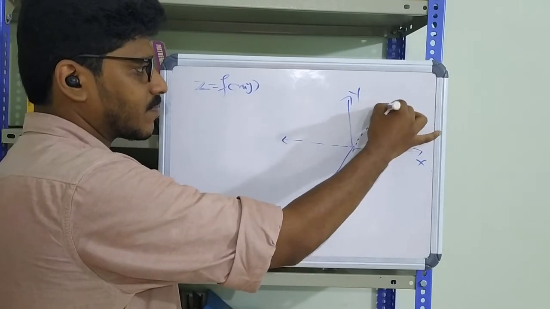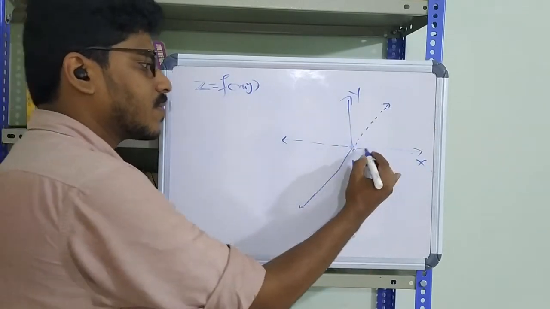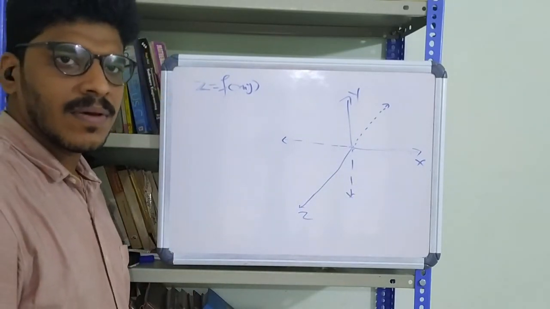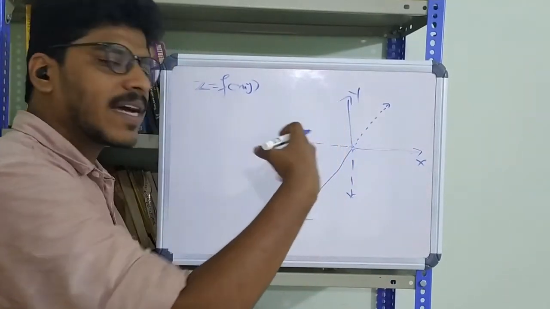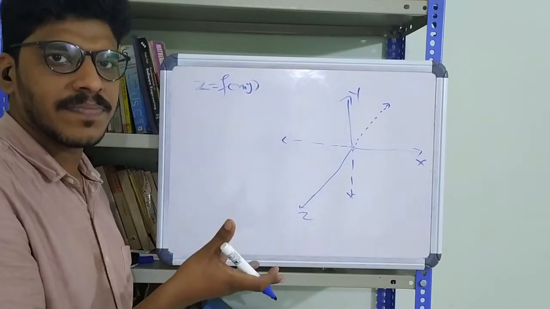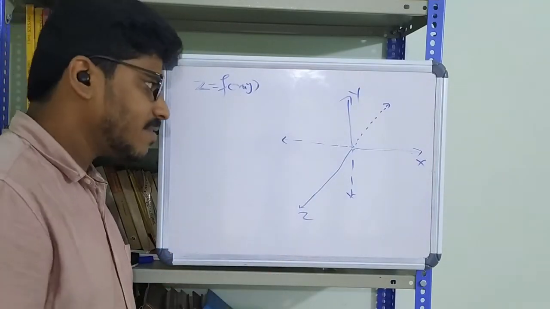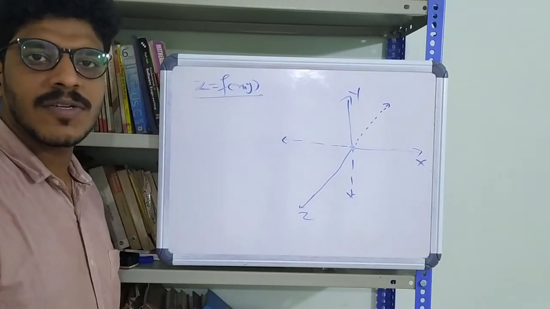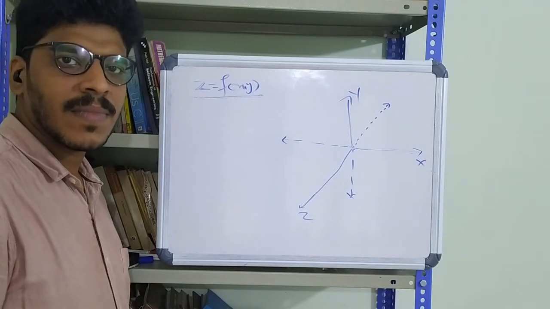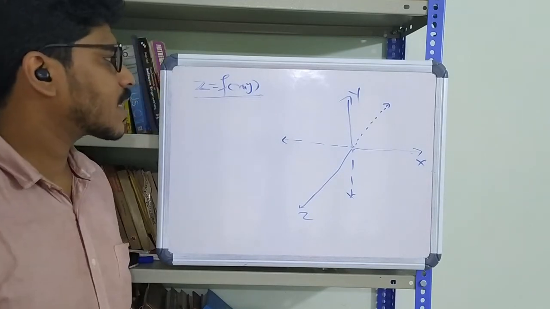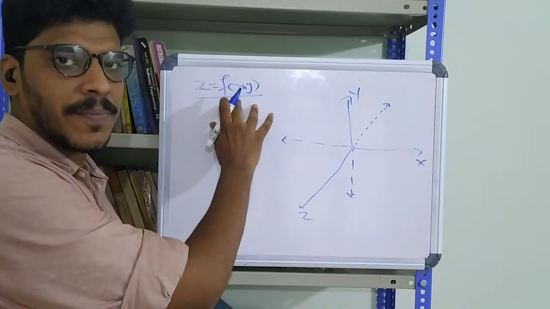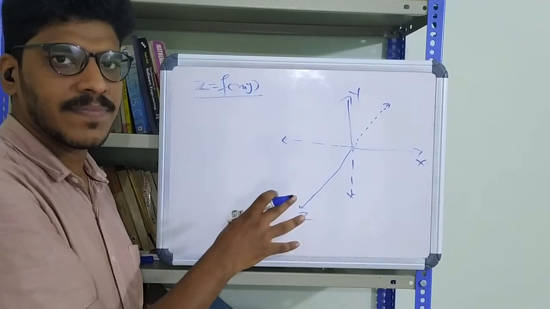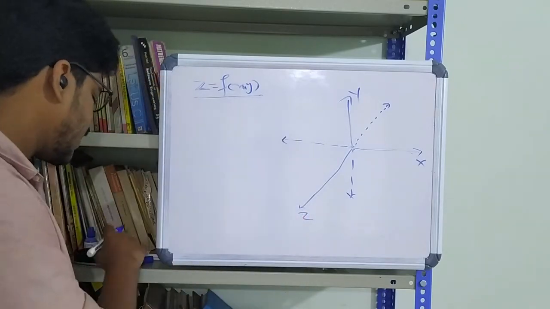So this is the z-axis for now. Now we have a three-dimensional setup, or a space, and in this space we draw the graphs of two-variable functions. So to draw the graph of a function with two independent variables and a single dependent variable, we need a three-dimensional setup. So remember that.